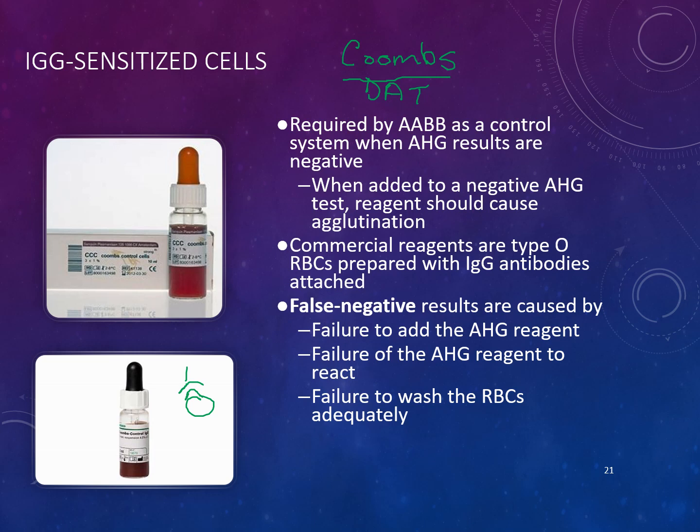So you need these cells to make sure that it really did agglutinate, that you didn't get a false negative. If you have a negative reaction and you add these check cells into that tube and you get that positive reaction, then that means that reagent, that whole process worked. So it's not anything that you did, it's that the patient was negative. So you always use check cells for those reagents.